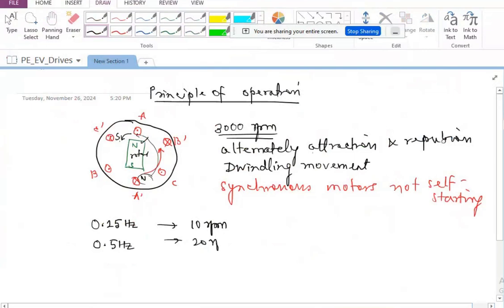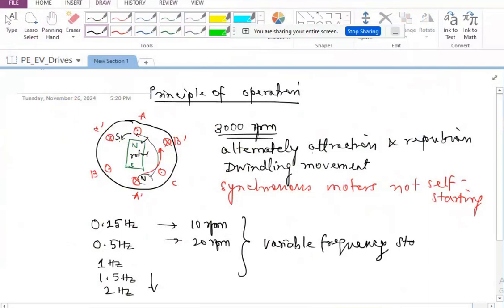So it goes to 20 RPM, and the rotor will be able to catch up step by step. Then you go to 1 hertz, 1.5 hertz, 2 hertz, 3 hertz, and so on, and then increase it slowly to 50 hertz or whatever. So this is generally known as variable frequency starting.